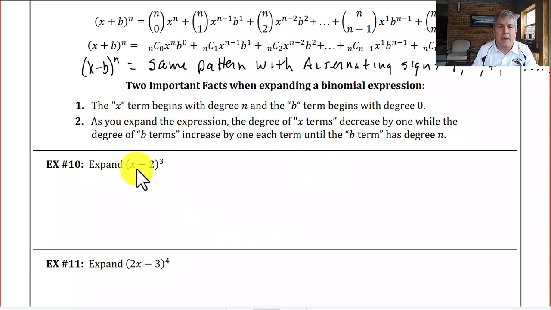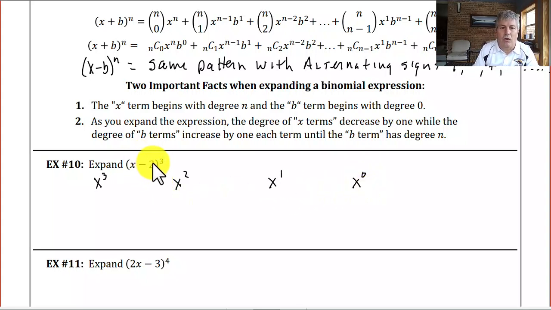So we want to expand x minus 2 to the 3rd power. We don't want to FOIL it all out. I usually do the coefficients last. So I start with my x's: x to the 3rd, x to the 2nd, x to the 1st, and then x to the 0.